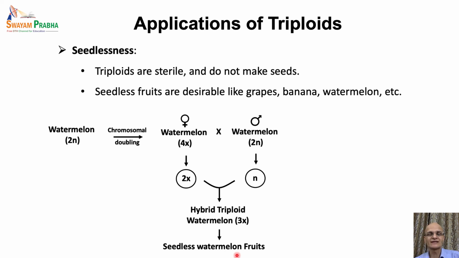These triploid plants are self-infertile, and therefore a standard diploid cultivar is also used along with these triploid plants for the purpose of pollination.